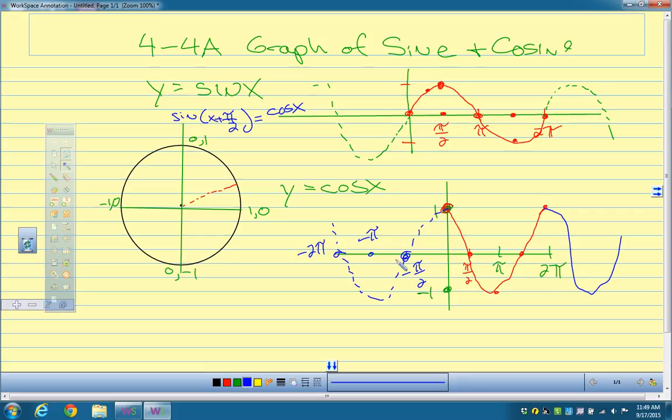So then you could say that cosine of x minus pi over 2, because that's how you move something forwards, right, is equal to sine of x. Okay? And not coincidentally, those are also co-functions, so the sine of something minus pi over 2 is equal to the cosine of something else and vice versa.